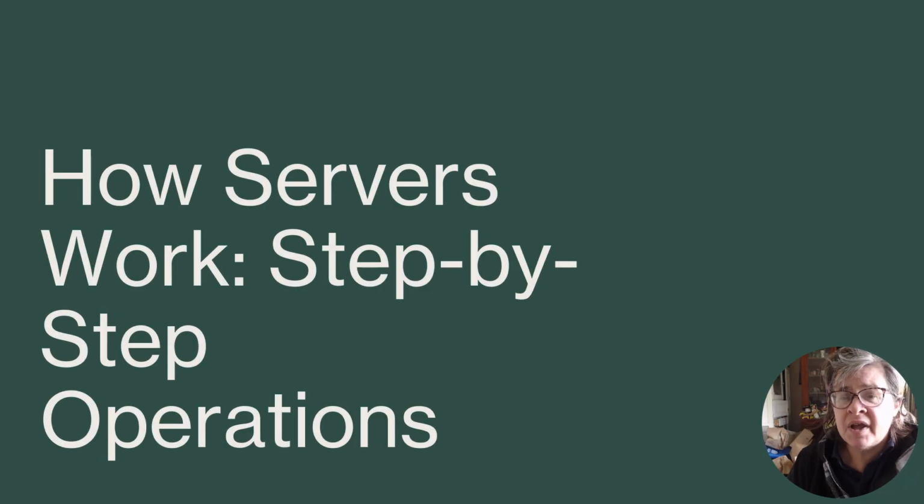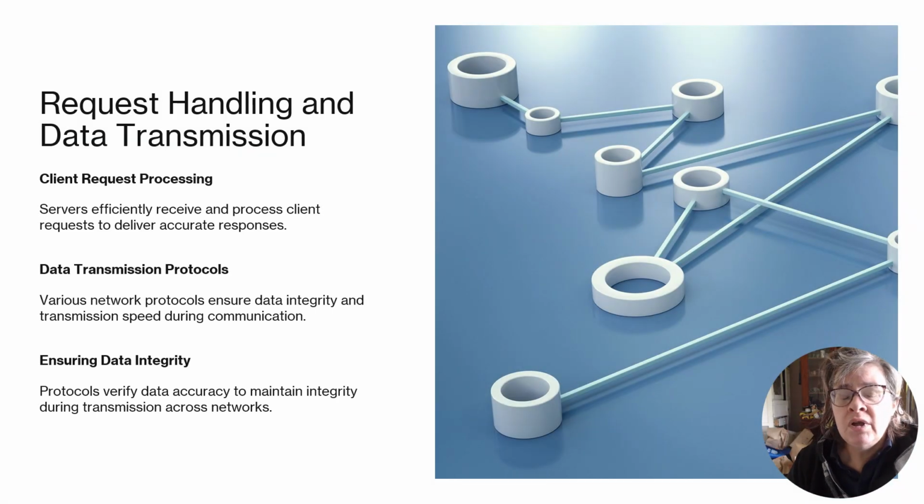This section explains how servers handle requests, balance loads, and maintain availability through redundancy and failover. Yep, important. Servers receive client requests, process them, and send responses over networks using various protocols, ensuring data integrity and speed.